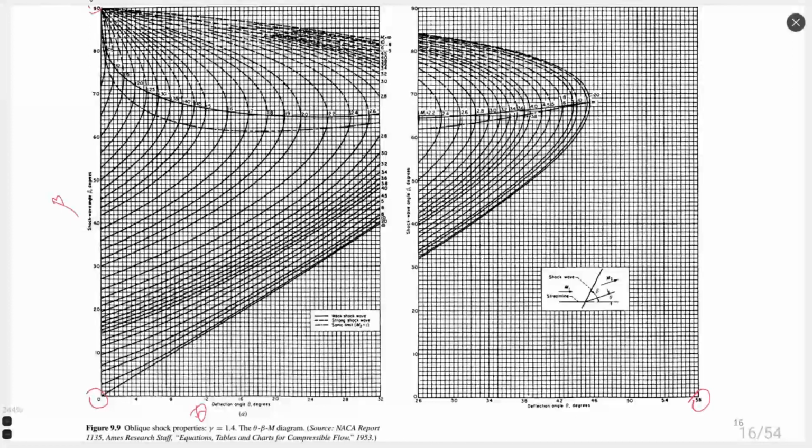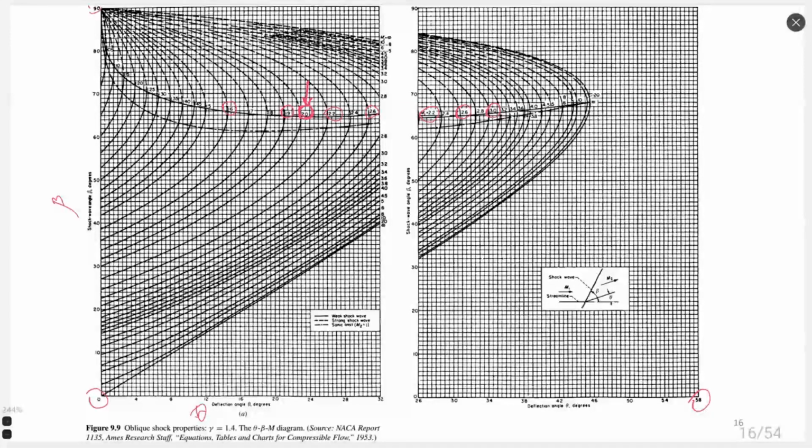We can see that the Mach number changes. The value of the Mach number may be seen on this part here. I will draw a few of these values just for you to track. These red circles which I draw show different Mach numbers. It starts from Mach 1 on the left side of the graph and then increases to Mach 2, right here.